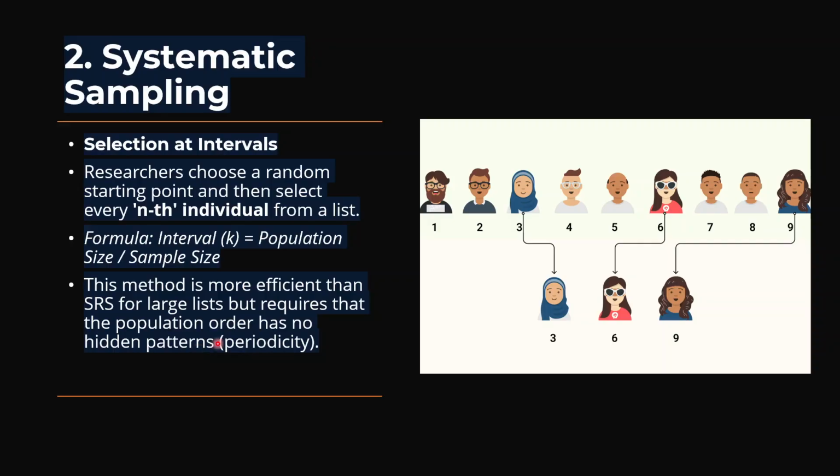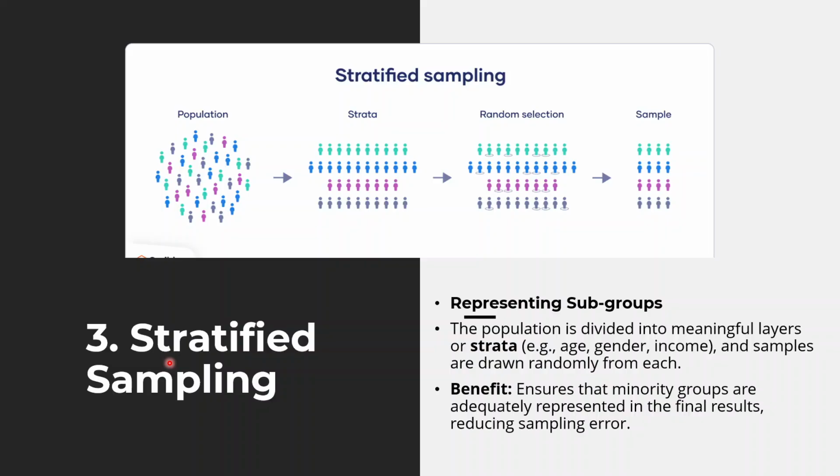I randomly pick some first seed element. From there, maybe every third element or every fifth element or every 10th element is picked systematically. But we need to make sure that in the arrangement of the population, I don't have any hidden patterns, right? So this method of sampling is called systematic sampling.